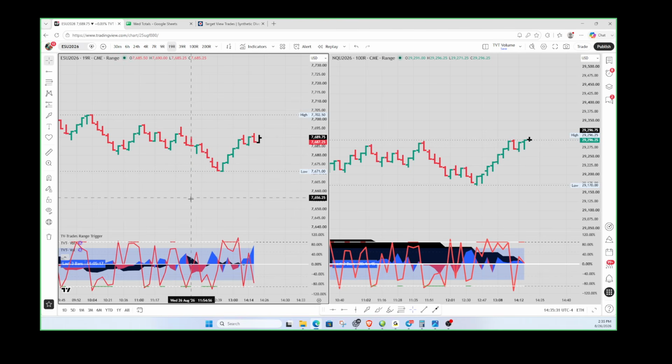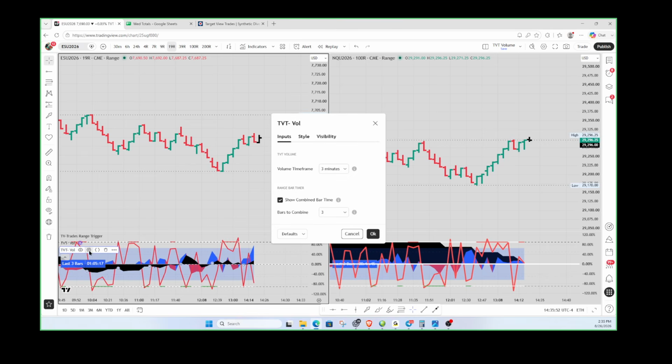So all you're looking for is to have all the volume on one side with synthetic divergence at the edge or out of the NTZ channel, the blue area, out of the channel. That's what you're looking for. So to set up the longer term volume, you get this thing right here. You can get that from either one of these volume things.